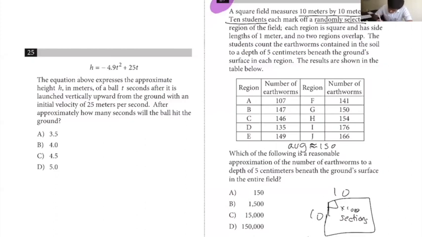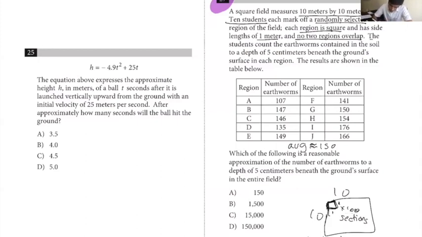And then each region is a square, so I thought that might be relevant as well. Makes sense. So then we draw a square here. Yep. And the length of it is a meter. So 1 meter by 1 meter. And the fact that none of the regions overlap, I guess, might be relevant. Yep. And then because of that, you can get 100 sections. Sweet. All right, so then the next.